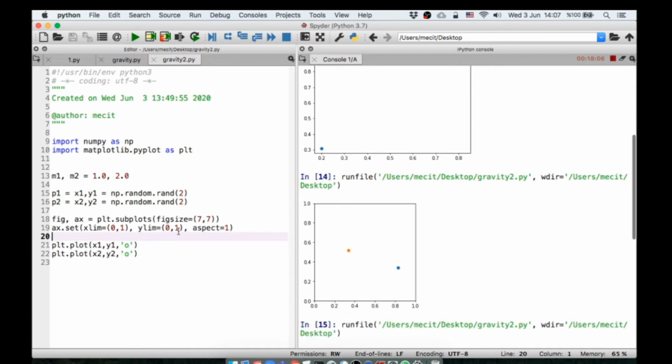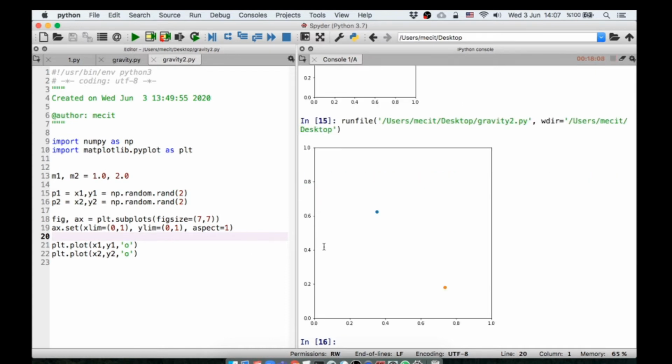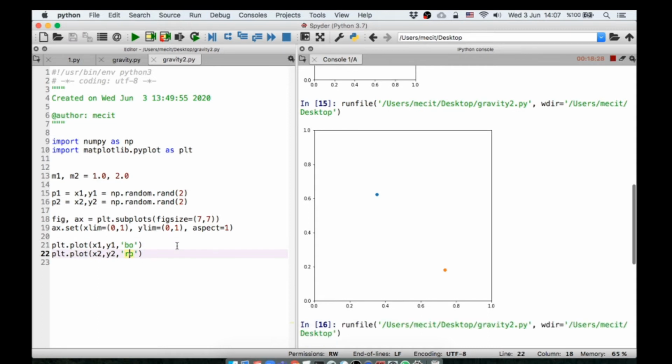So let me run that. Okay, so these are my 2 points. The colors are set in somewhat an arbitrary way. Therefore, let us make the first one blue and the second one red. Blue and red. Let's run it again.